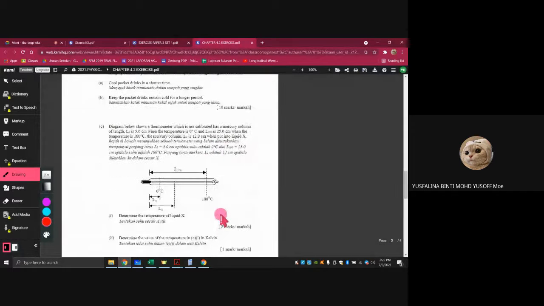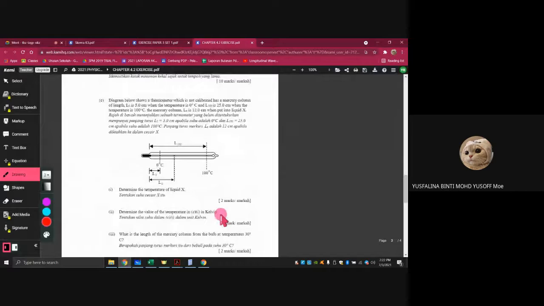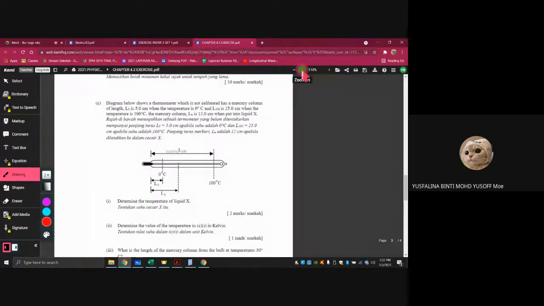All right, and then for this one, this is for the calculation. It asks you to determine the temperature of liquid X. Remember, you have to use this formula: L theta minus L0 divided by L100 minus L0 times 100.